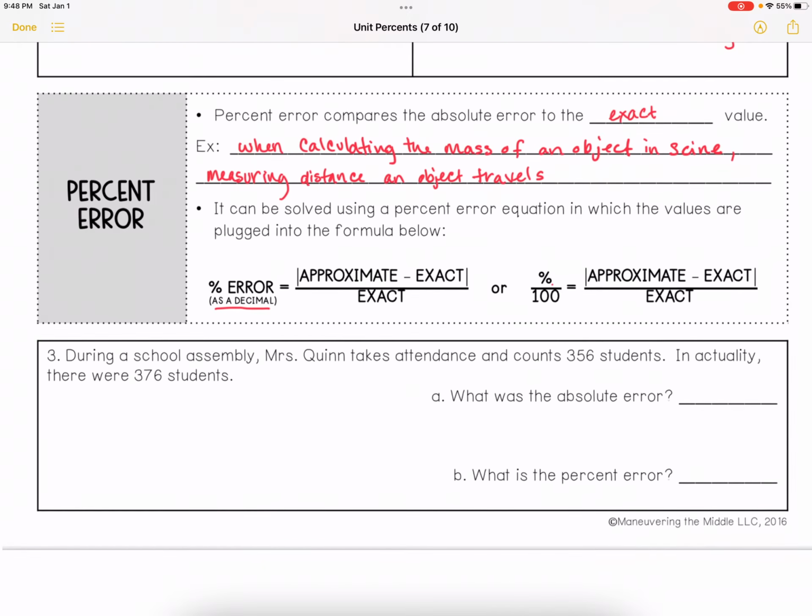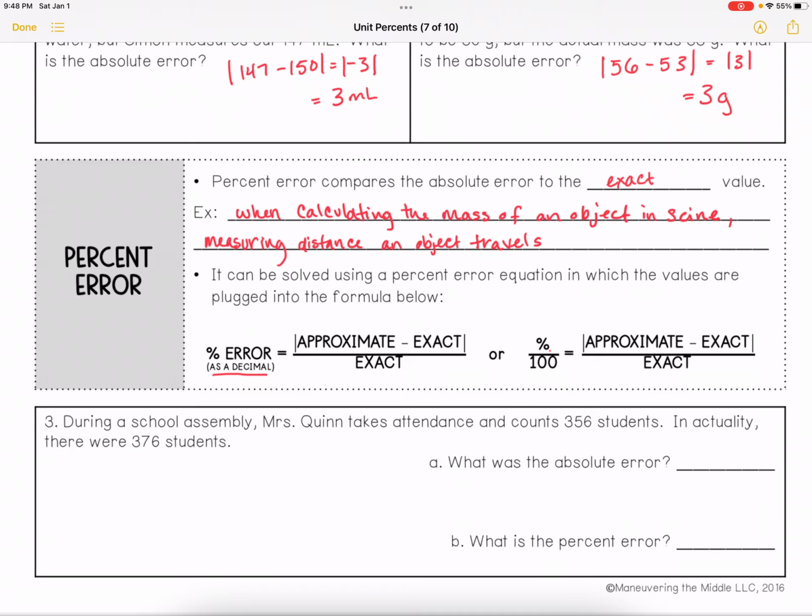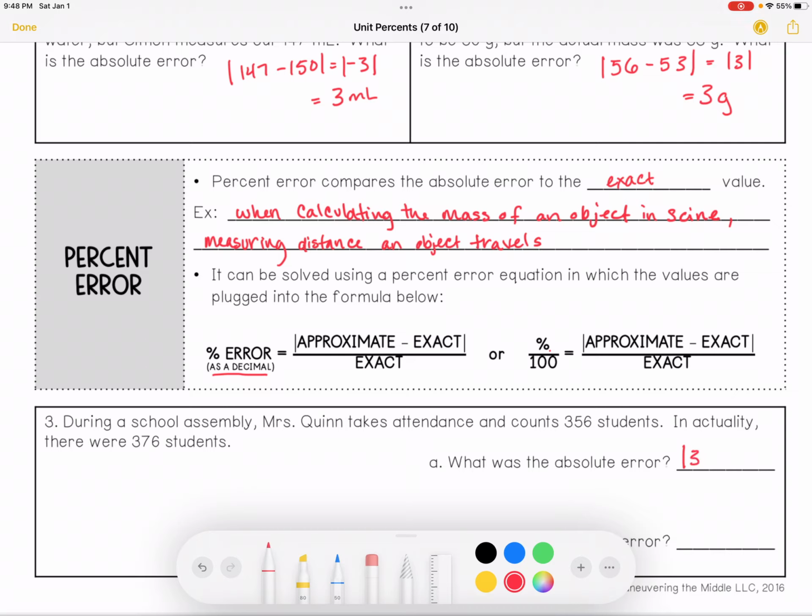During a school assembly, Mrs. Quinn takes attendance and counts 356 students. In actuality, there are 376. What was the absolute error? So we take the absolute value of our approximate minus the actual, or the exact, and that gives us 20 students different.